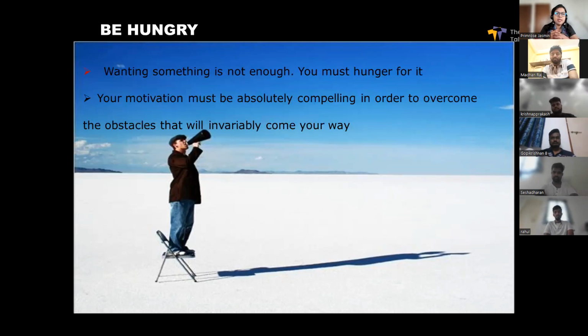Now the second one is being hungry. Now what is this being hungry? Let me ask someone else to read this slide for us. Mageshwaran, can you read this slide for us, please? Or Pragadish?